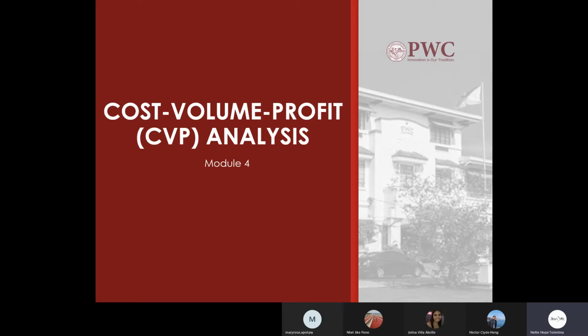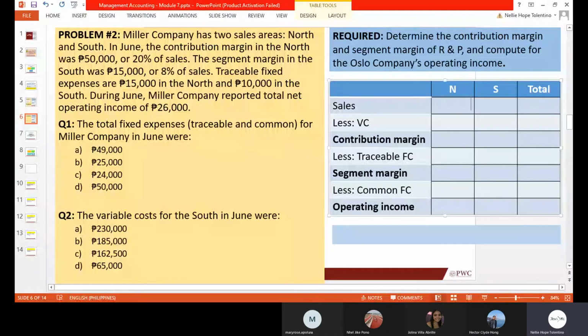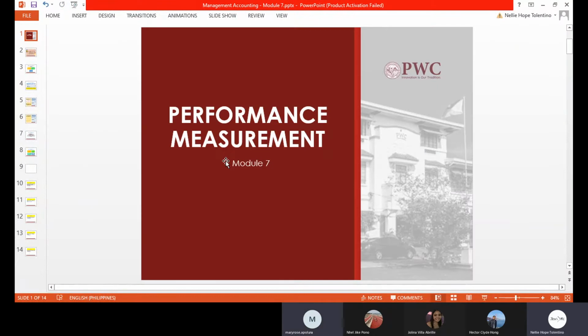Can you see my screen na? Wala pa? Loading pa, ma'am. Ay, bakit iba? Iba ito. Mali. Ito dapat. Yan, can you see it na? Yes, ma'am. Okay.